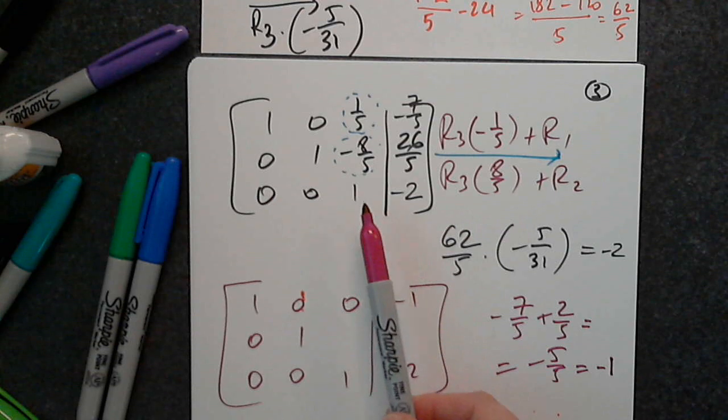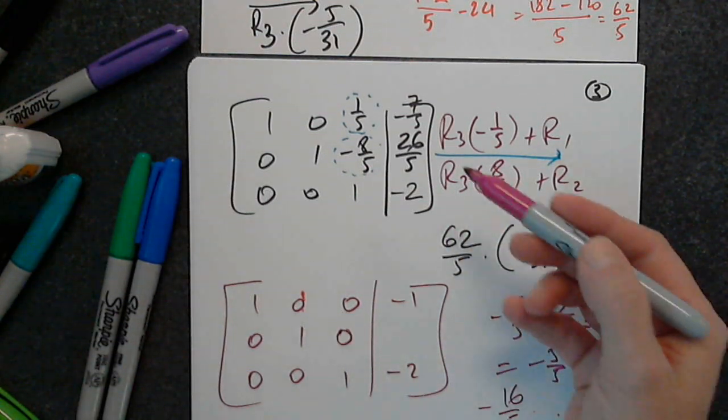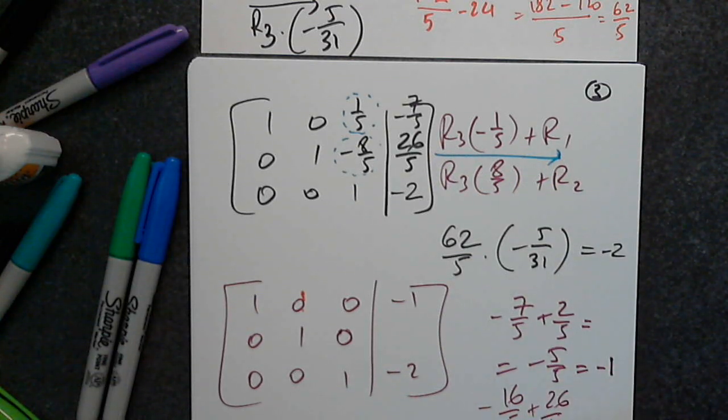Last step. 1 times 8/5 minus 8/5. Negative 2 times 8/5 is negative 16/5 plus 26 over 5 is 10 over 5, which is 2.